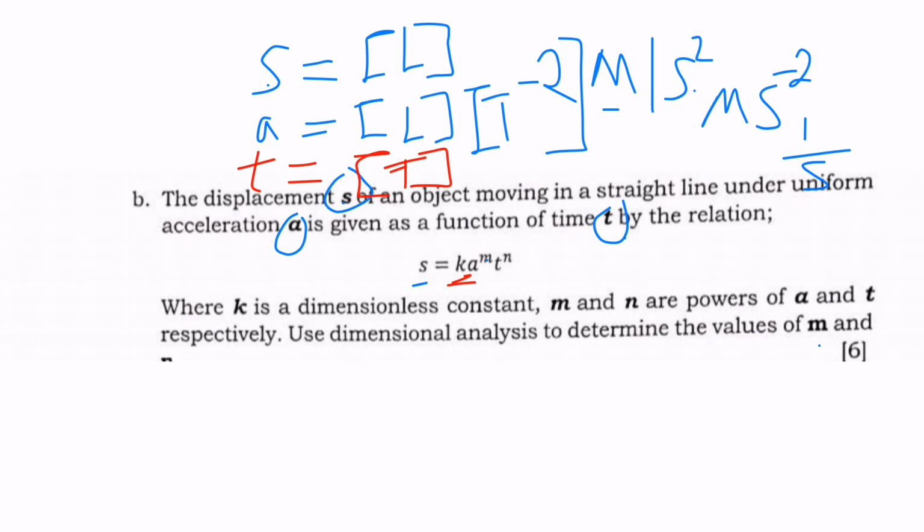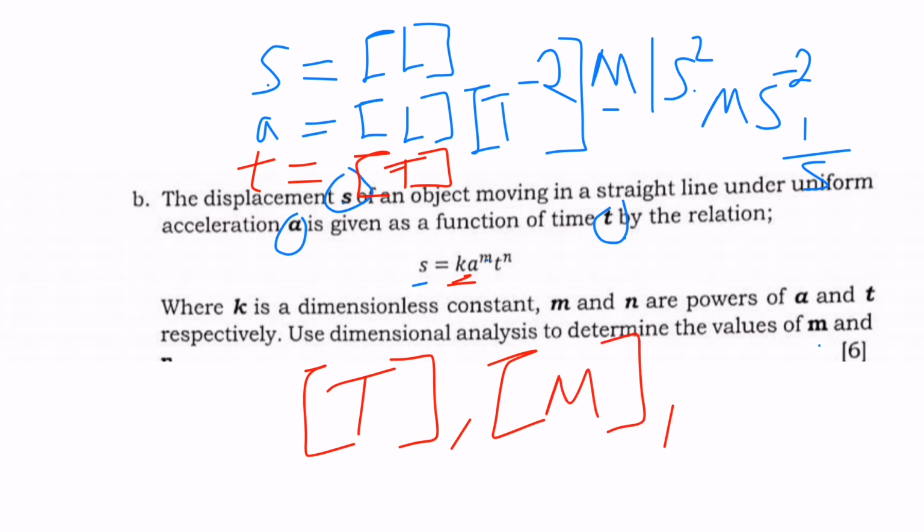Any number, any constant, we don't deal with, because dimension analysis only deals with time, mass, and length. That is the only thing dealt with in dimension analysis. If you have forgotten, try to refer to our first video on dimension analysis. So we don't deal with the constant. Now let's go on answering our question.